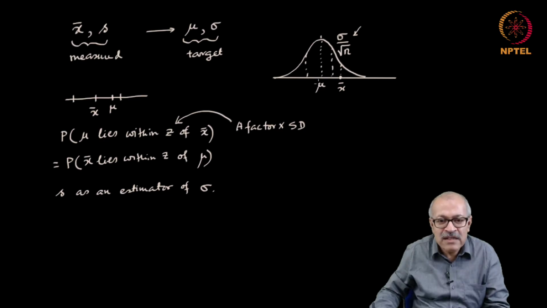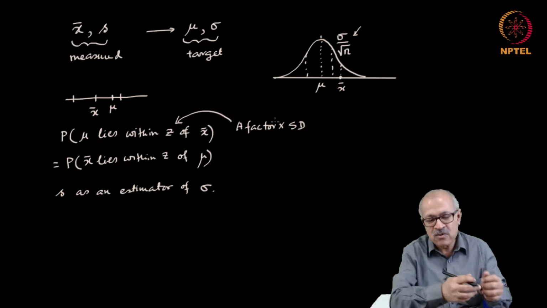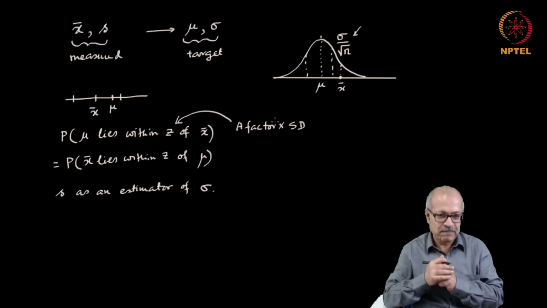If we know that, then what factor needs to be multiplied with the standard deviation to get the value is also known, and therefore, we can refer to the z table to extract the value of the probability.